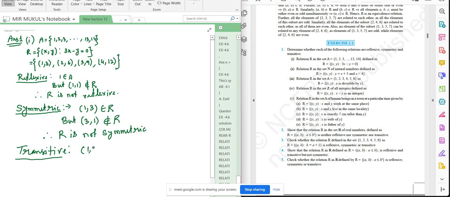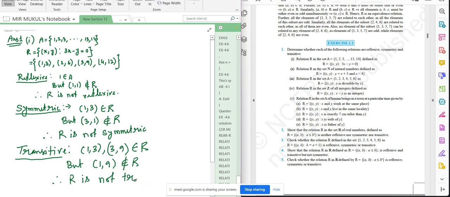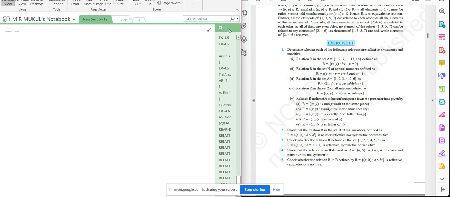So (1, 3), (3, 9) belong to R, but (1, 9) does not belong to R. Therefore, R is not transitive. Understood? Yes, sir.